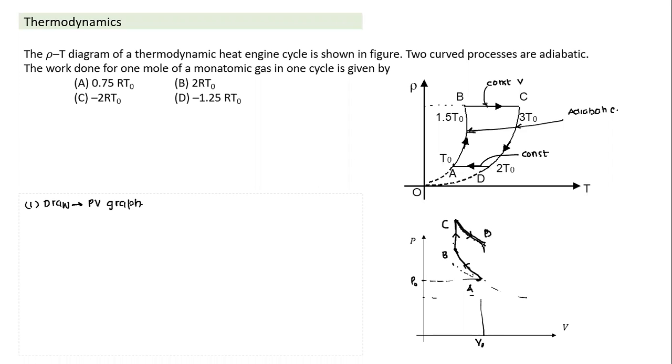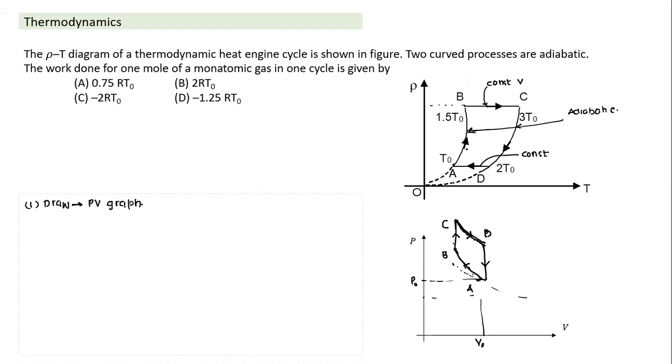So if I have done these two parts, the corresponding PV diagram will be like this. But I need to calculate the work done for 1 mole of monatomic gas.